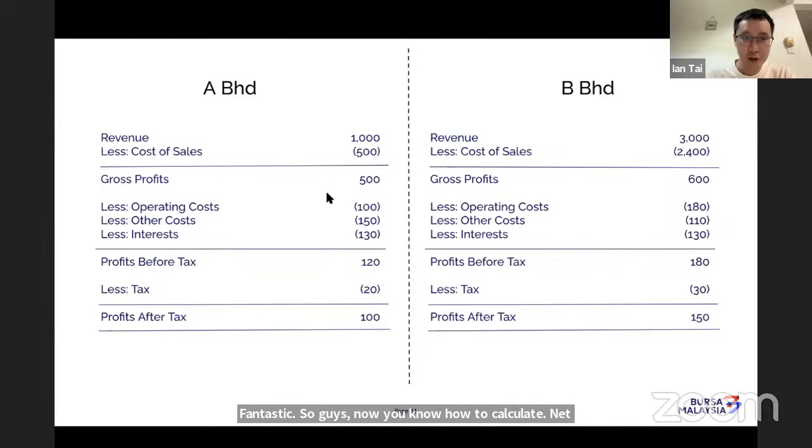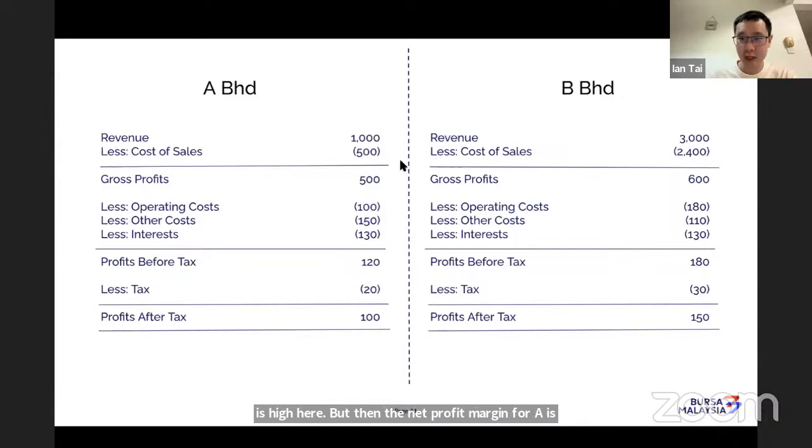Now, you know that A Berhad makes about, let's say, 100 million ringgit. B Berhad is making 150 million ringgit. Okay, so the profit here is higher. But then the net profit margin for A Berhad is higher than B Berhad.